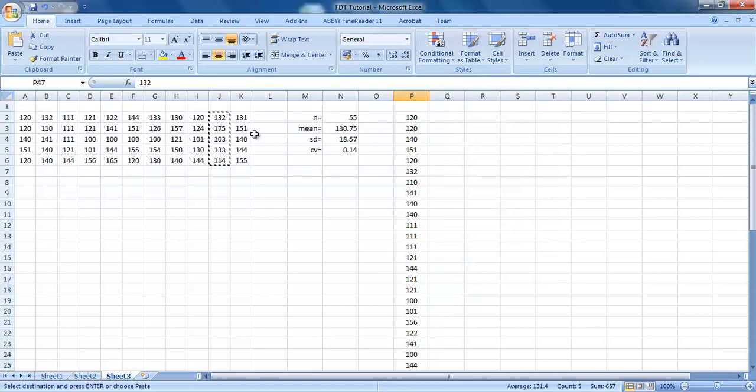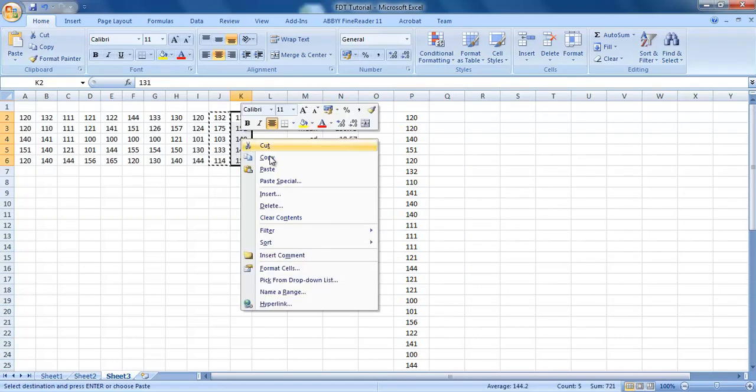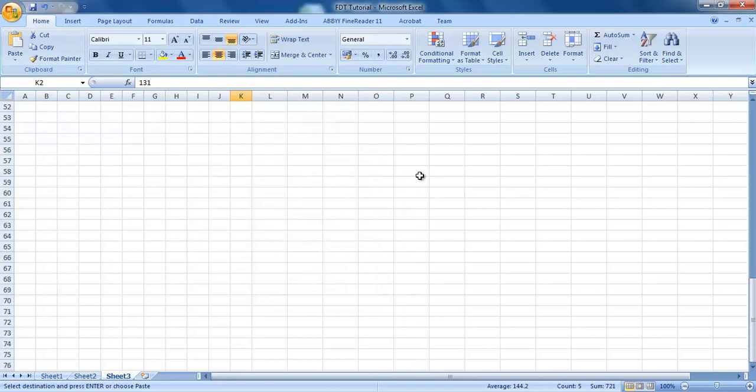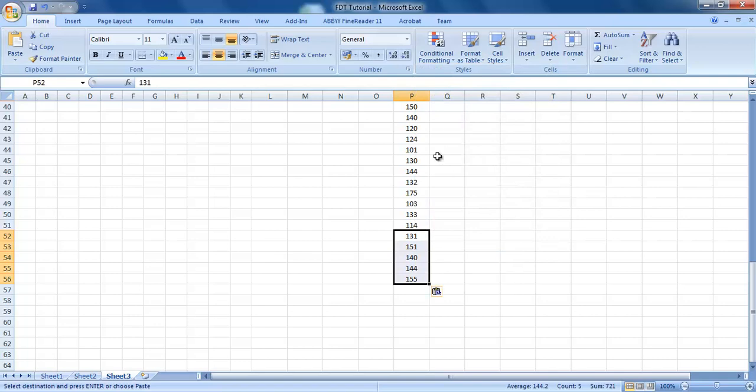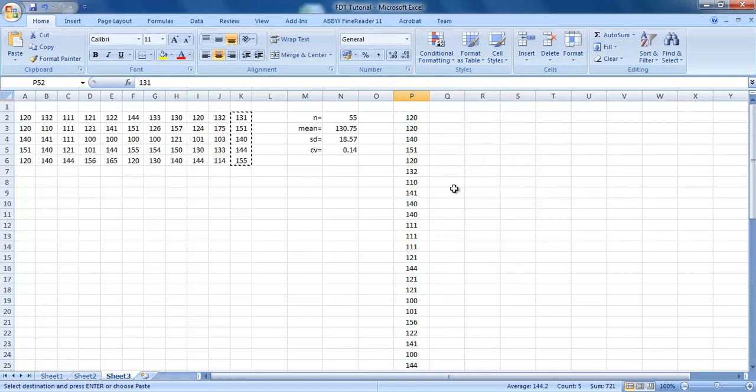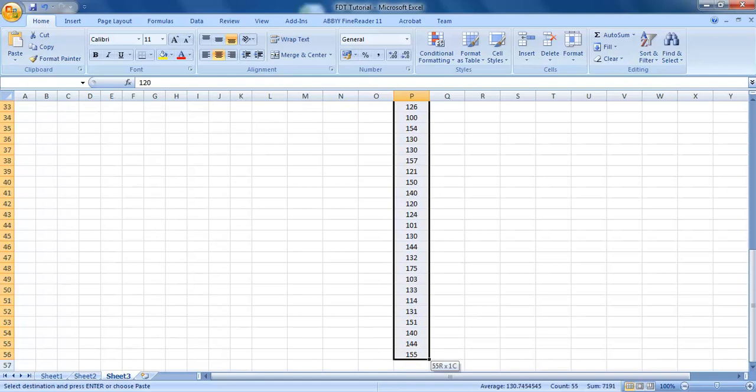So I'm using the wheel on my mouse to scroll up and down. So let us shift this downward. I'm going to move this downward.